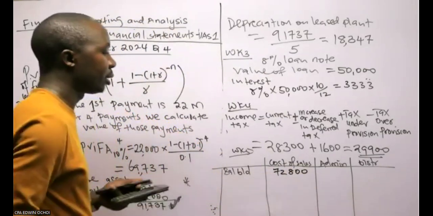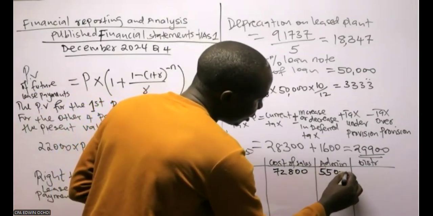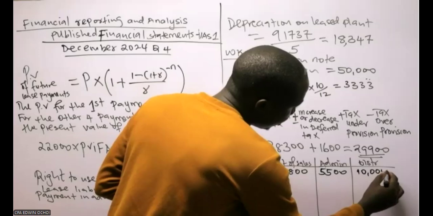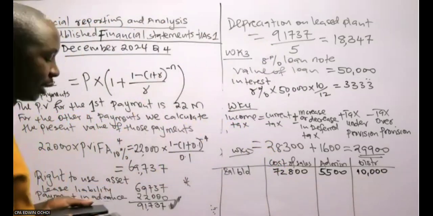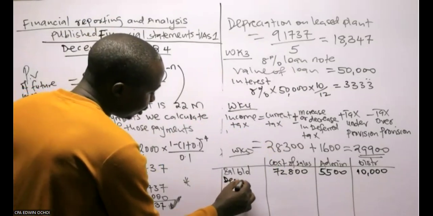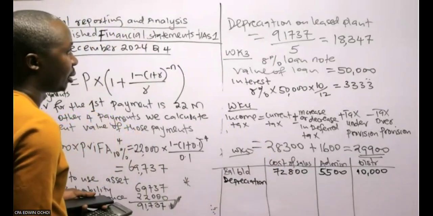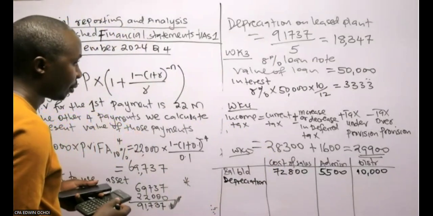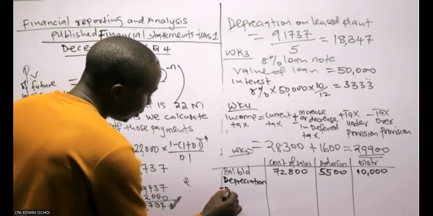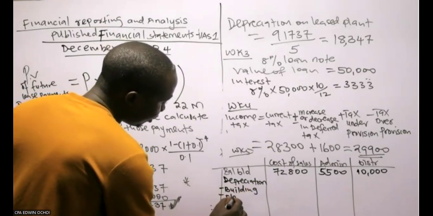Opening stock plus purchases minus closing stock. Admin is 5,500 from the trial balance, and the distribution is 10,000. Which are some of the expenses classified under the cost of sales? The only expenses we have are depreciation. Depreciation for the building was 2,286, remember they said this depreciation goes to the cost of sales.